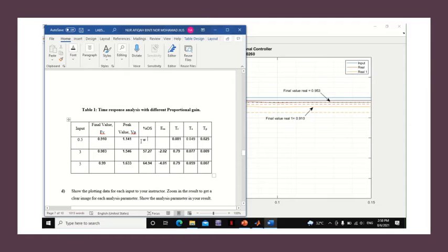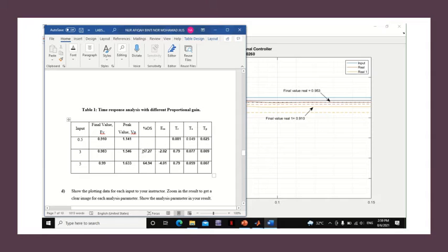So my peak value is 1.141 minus final value 0.910, then divide by final value again and times 100.